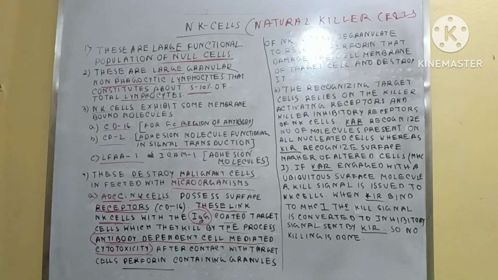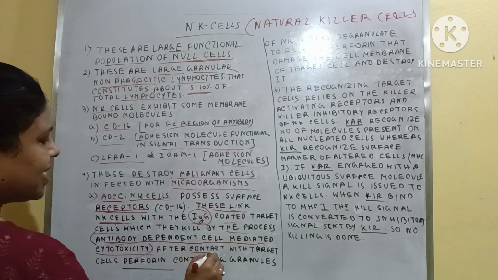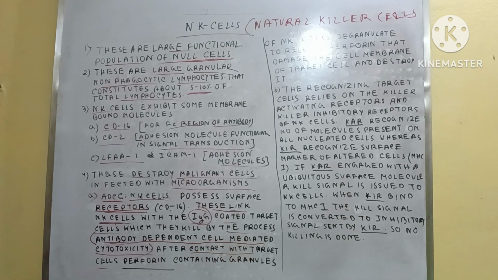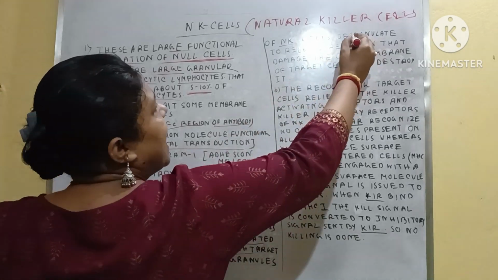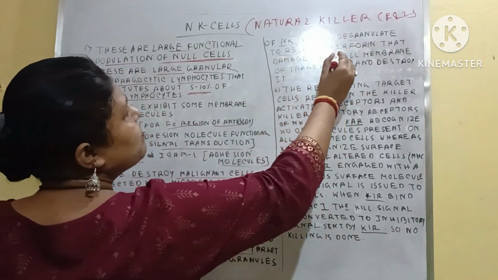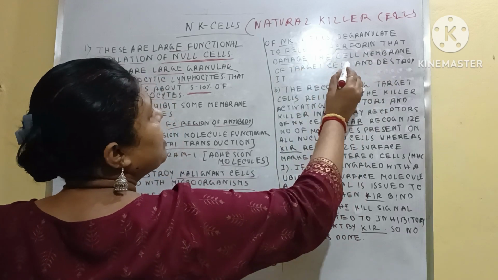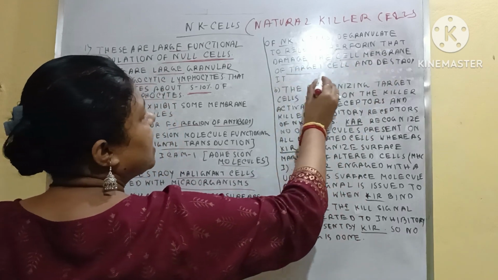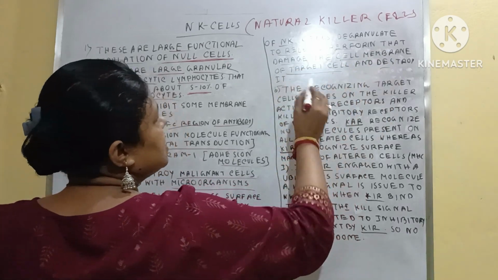So what is happening here? Just after contact with the target cell, perforin, which is a granule within the NK cells, degranulates and is released, and it damages the cell membrane of the target cells and destroys them.